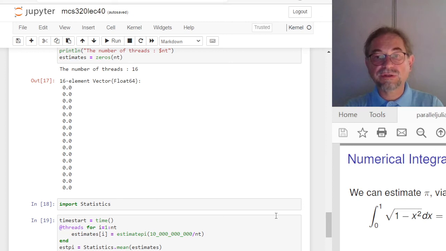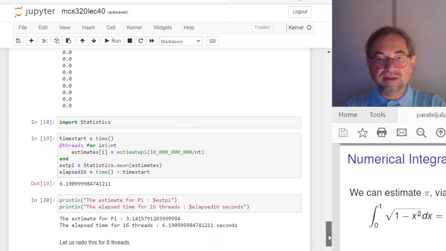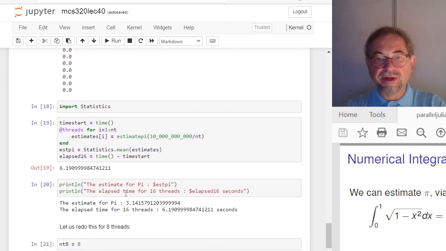So this goes with 16 threads, and it runs in a little over 6 seconds when I did this. Let me now redo this. By the way, in explaining Julia, the print statements work with interpolation. There is this dollar sign, so the variables in Julia are interpolated in the strings.